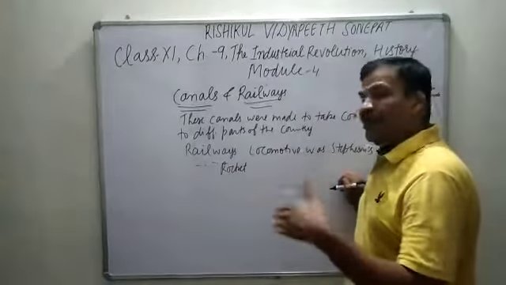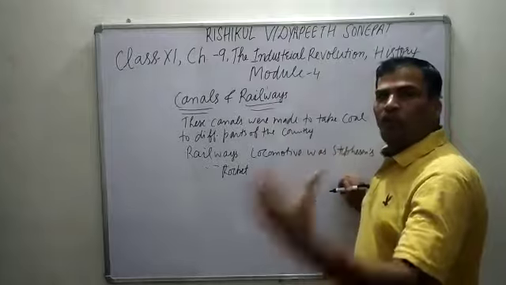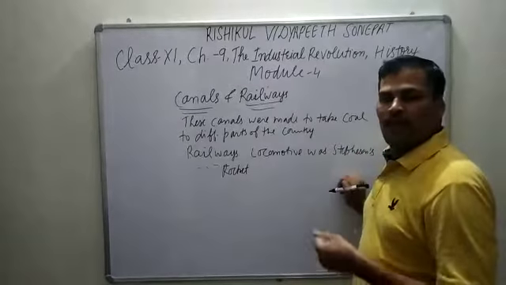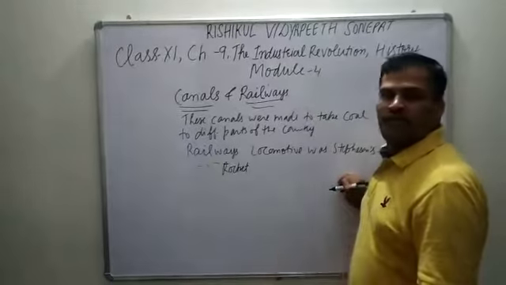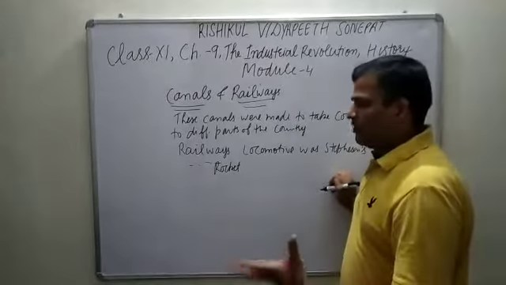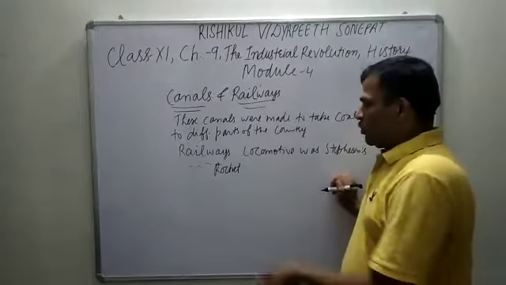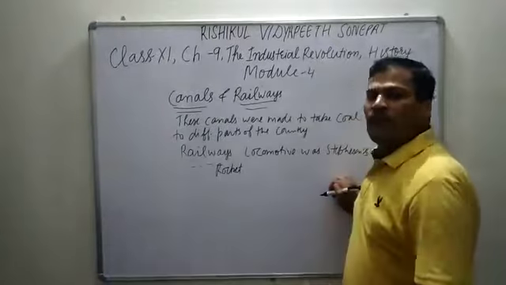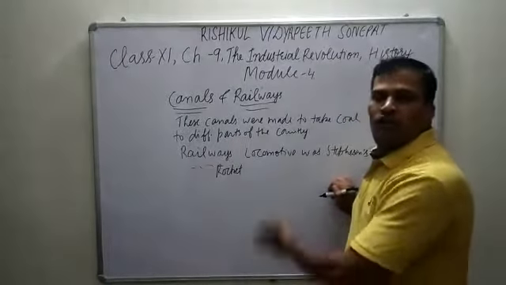But that was a big step that opened the ways for the best railway system. Nowadays even bullet trains are available, metro rails are available and different categories of railways are available. So this Stephenson's Rocket locomotive opened the ways for the coming journey of the railways.